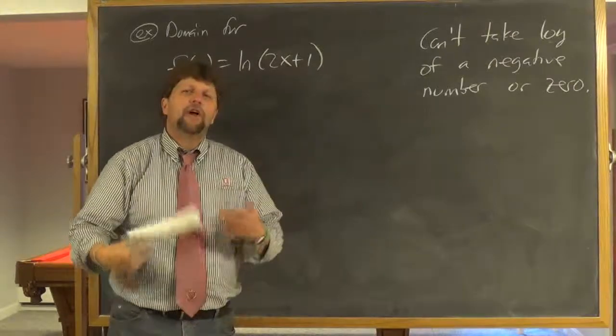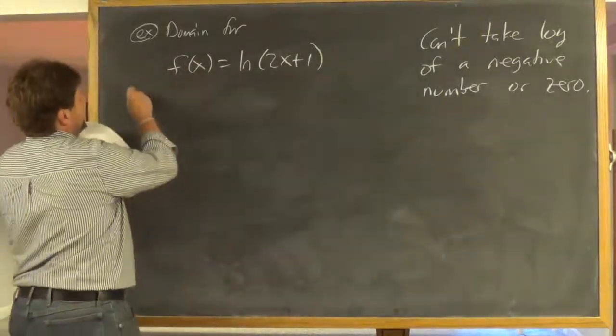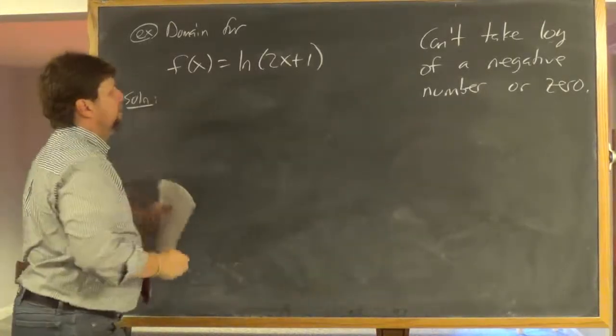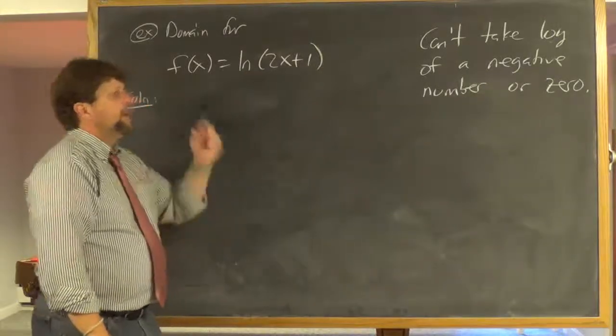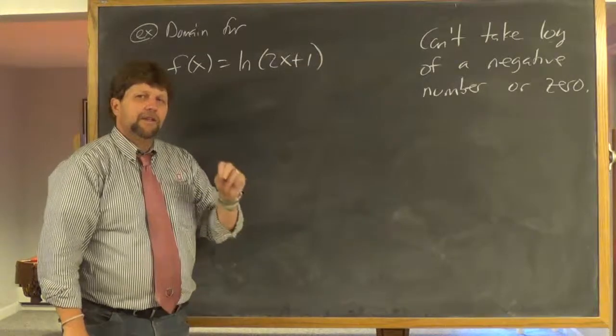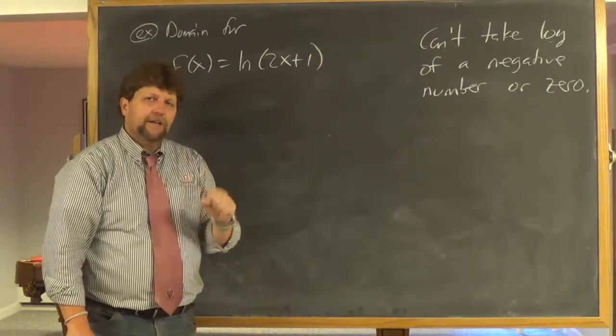You can only take logs of positive numbers. So when you're asked to find the domain of this function, you have a natural log of 2x plus 1. You can't take the log of a negative number. You can't take the log of 0. You can only take the log of positive numbers.